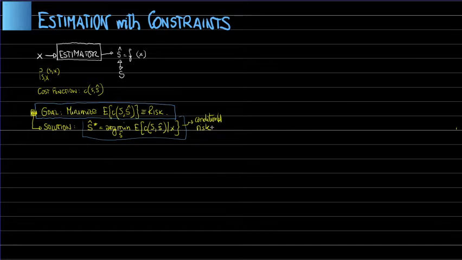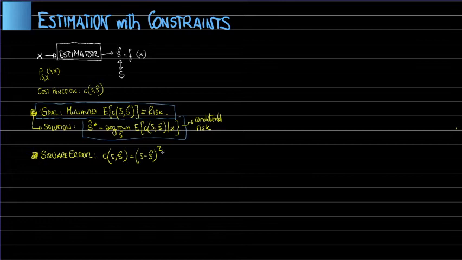We have also analyzed some particular cases. Today we will focus on one of them, which is the square error. In this case, the cost is given by the square difference between S and S hat.